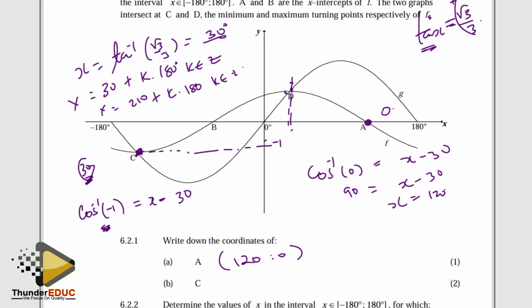Okay, how many degrees did the graph shift? That's what I need to look at.